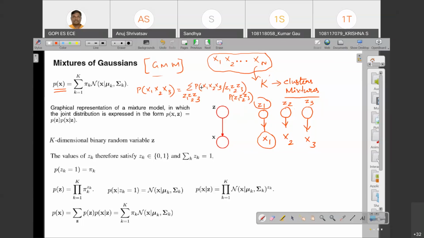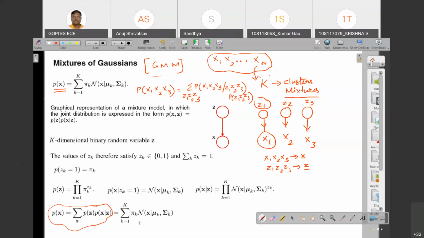If I treat X1, X2, X3 combined together as the vector X, and Z1, Z2, Z3 combined together as the vector Z, where the bold letter is the vector, then the probability of X is the probability of X1, X2, X3, which is written as the probability of X given Z times the probability of Z, taking the summation over Z. This is what we are trying to maximize in this problem: the mixture model.